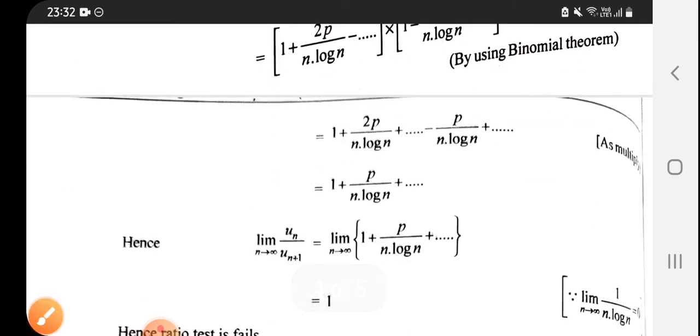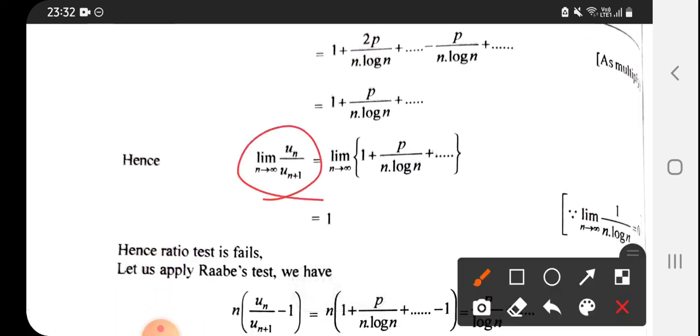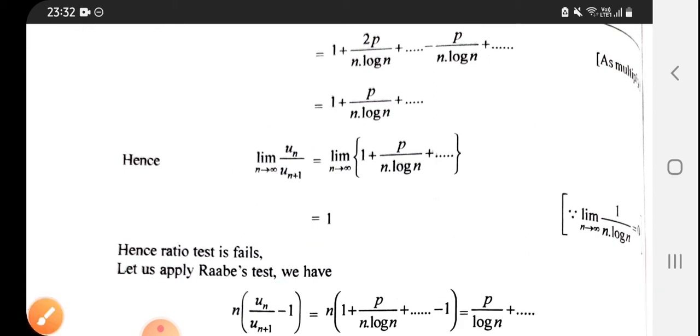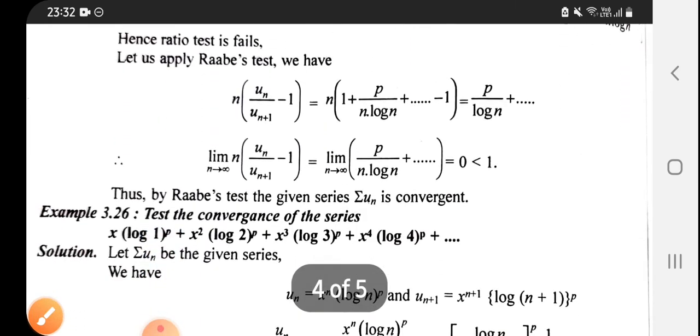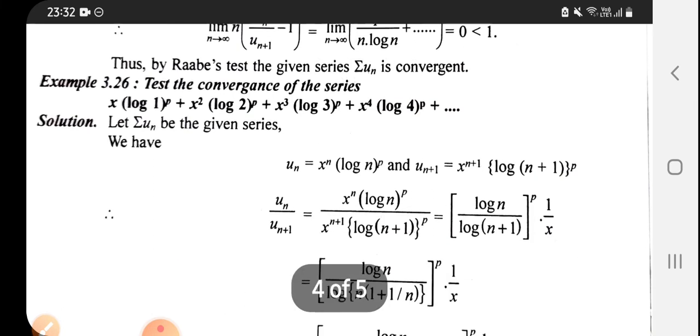Multiply both the brackets, we get this expression, and the limit as n tends to infinity of un divided by un plus 1 we get the value 1, and we know that for this the test fails. That's why by Raabe's test, n into (un upon un plus 1 minus 1) we get 0, and 0 is less than 1, that's why by Raabe's test this series is convergent.